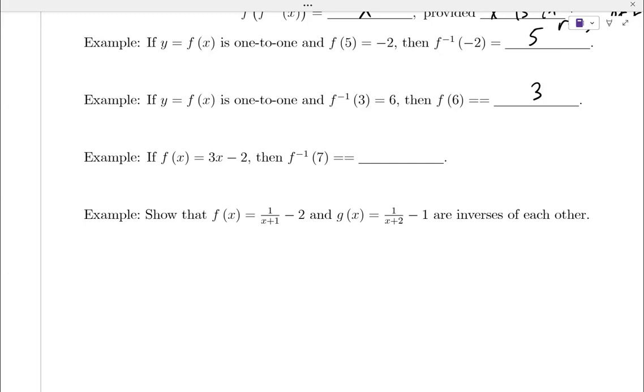They give you the original function and ask, what happens when you plug 7 into the inverse? So it's an input for the inverse. What does it have to be for the original? An output, right? So if I want to figure out what this answer is, what do you think we should do? If that 7 needs to be an output for the original function, what should we do?